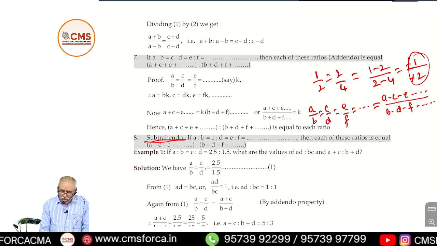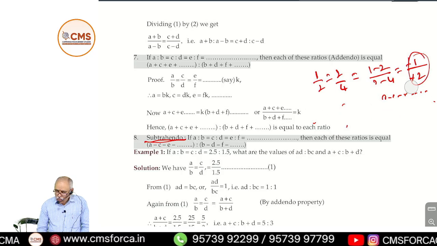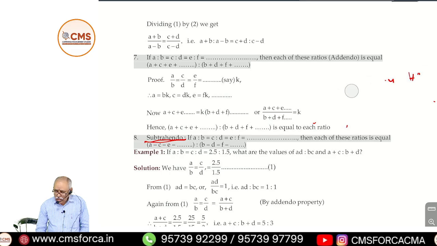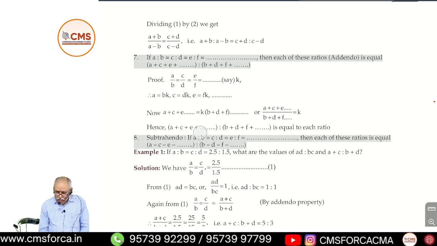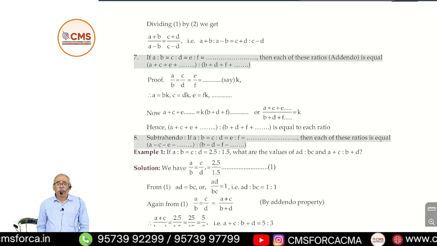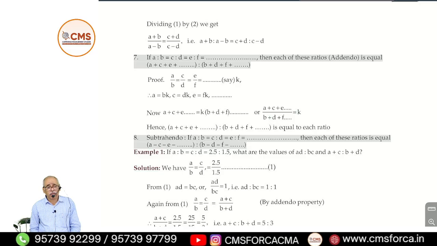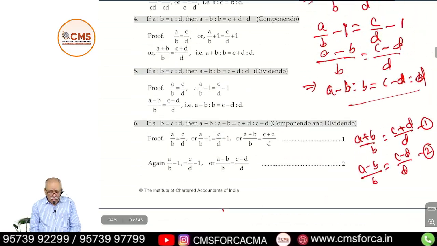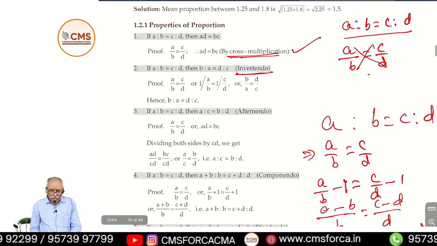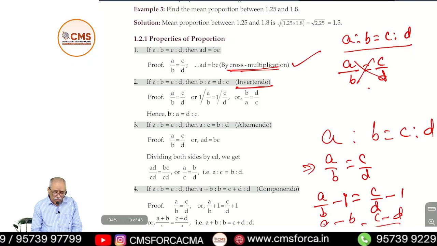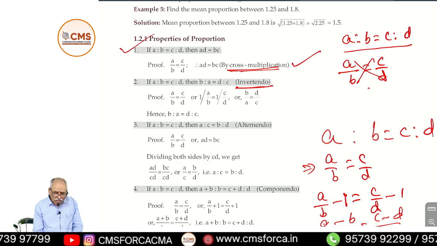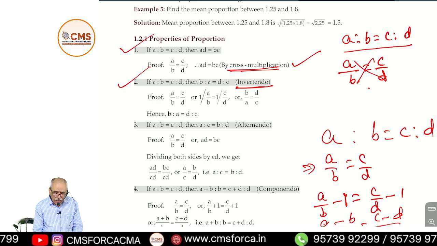Let us recall once again. What is the first property? Cross multiplication. Now the second one is invertendo.